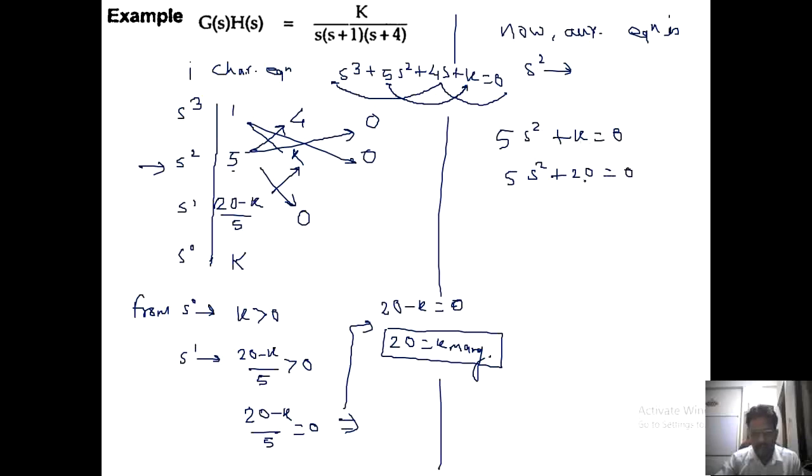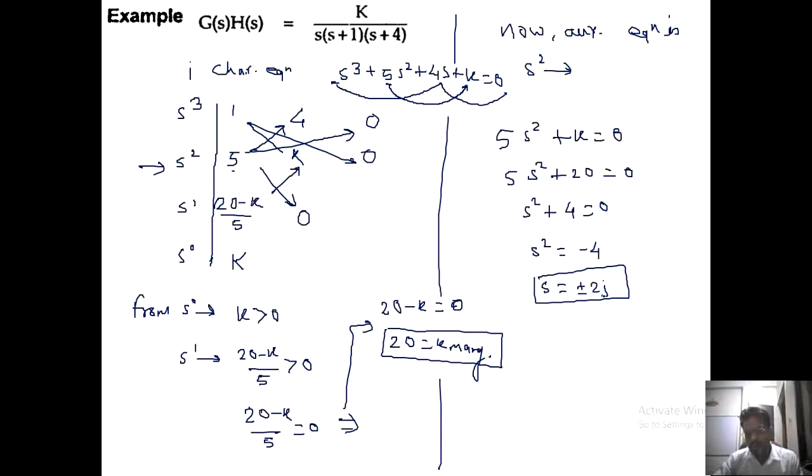Dividing the whole equation by 5, s square plus 20 by 5, that is 4, equal to 0, so s square is equal to minus 4, so s equals plus or minus 2j.